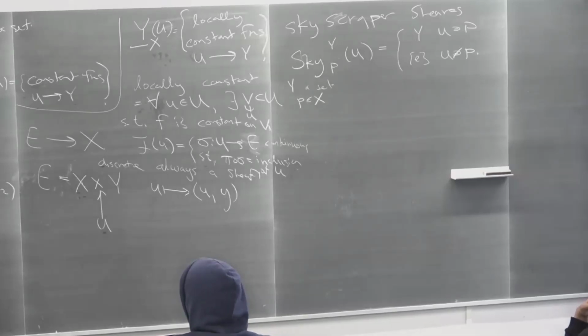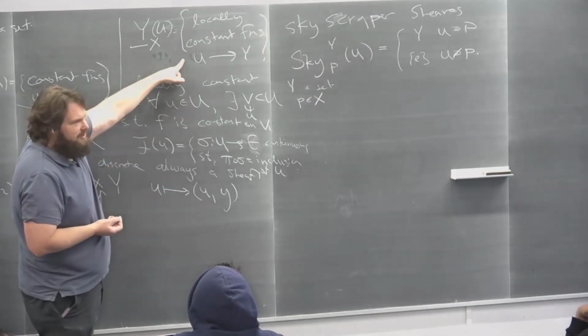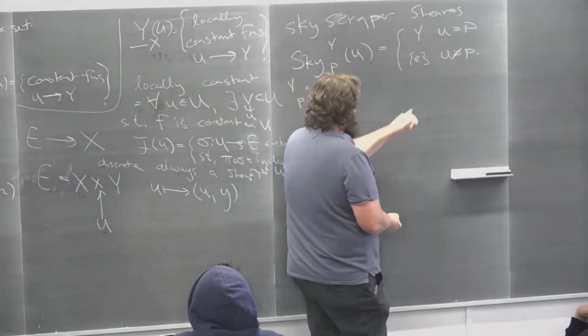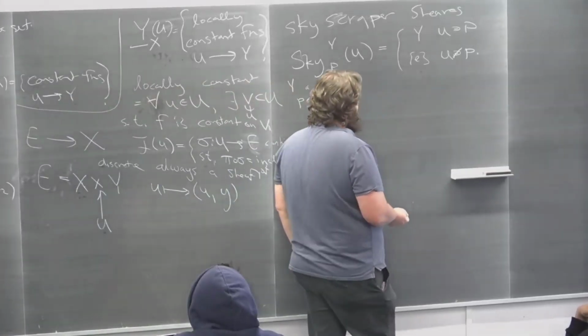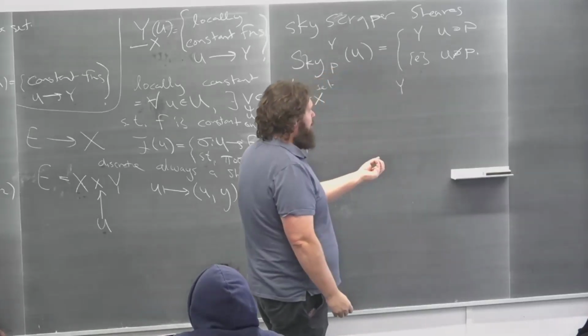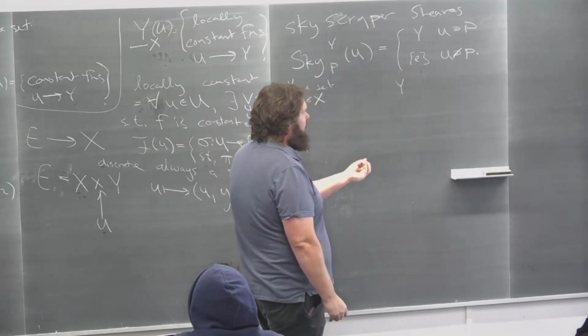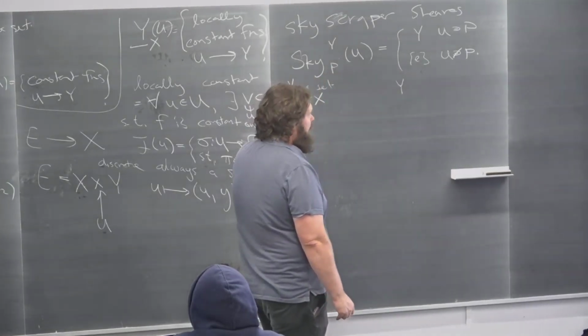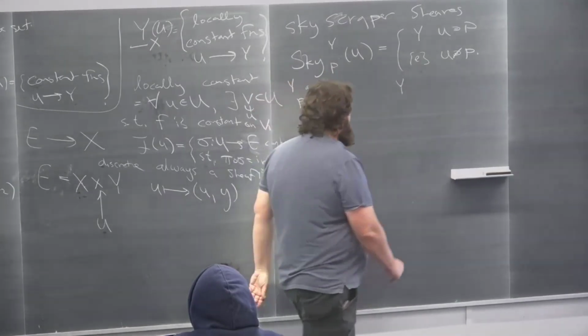So I should tell you how to make this into a sheaf. Here it was sort of obvious: I just literally restrict the functions. Here, whenever I pass to a smaller open subset, I can only go from having p to not having p. I can't go from not having p to having p.